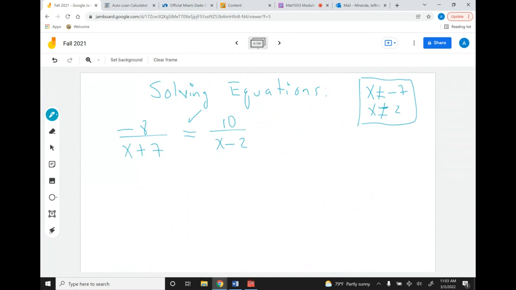Why? Look at the denominator. Okay? So the domain of this solution will be any number except -7 and 2. Why? Again, look at the denominators. Okay. All right. So now, what is my LCD? My LCD will be the product of those two.